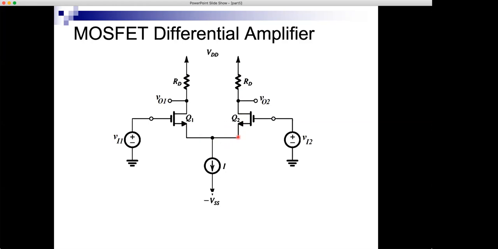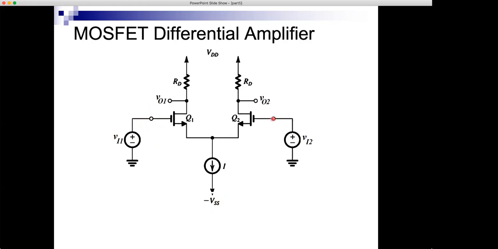A question by Jason: why do we have a minus VSS? We have a minus VSS and a plus VDD to allow a swing in the signal around ground. As you can see here, if there's no DC component in VI1, the signal will swing around ground, around 0.